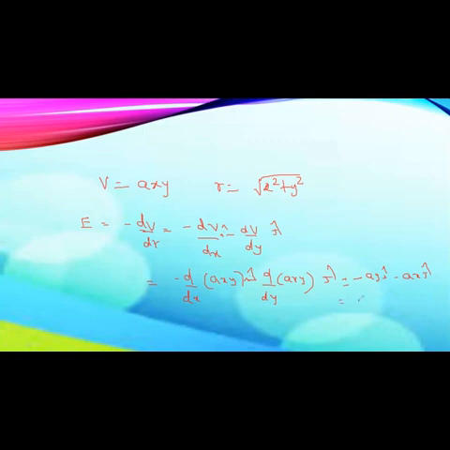This is equal to, if minus a is common, y I cap plus x j cap. By taking the magnitude of E bar, it will be a into root over x square plus y square.